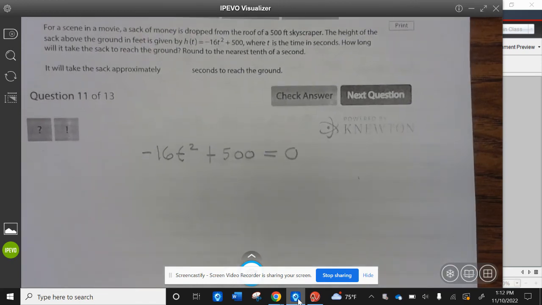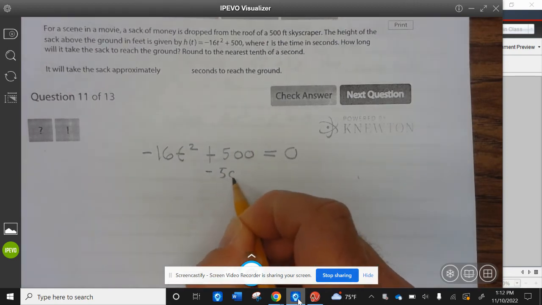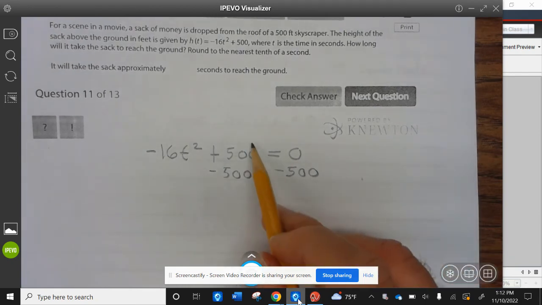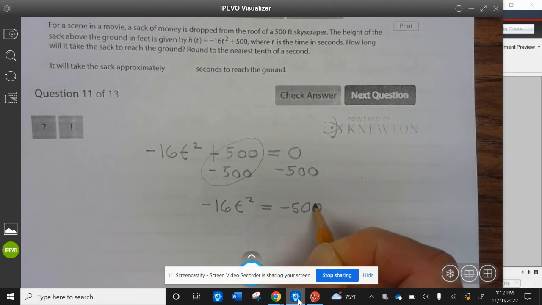Okay, and then we're going to solve. So we're going to first subtract 500 from both sides. That becomes 0. You get negative 16t squared equals negative 500.